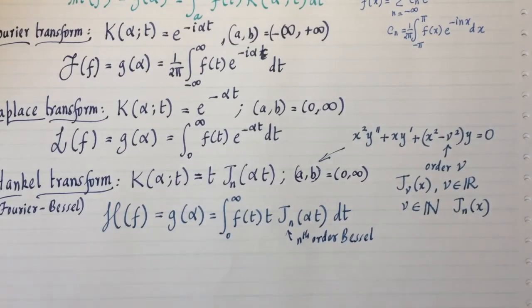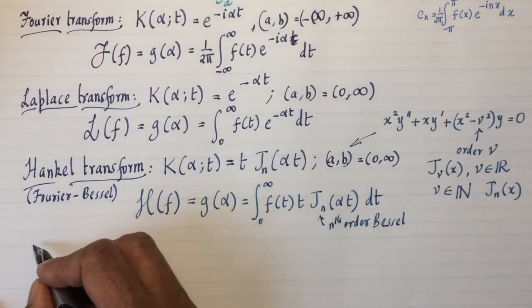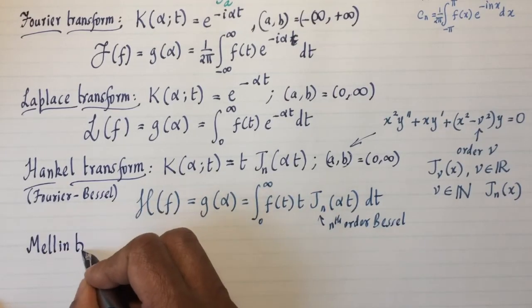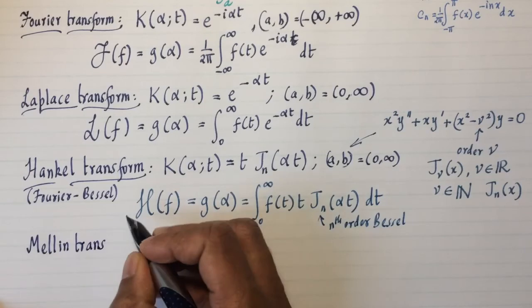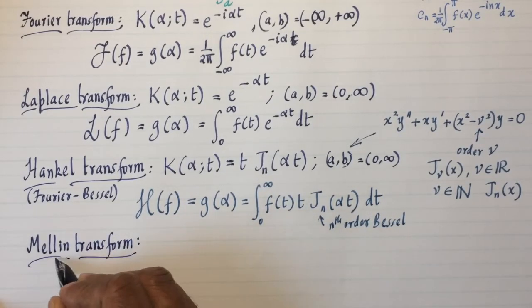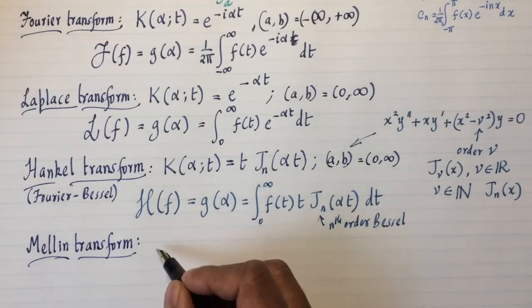And the last transform, although it's not the only transform left to discuss, is called the Mellin transform. The Mellin transform is especially interesting because it's closely related to what's called the beta and gamma functions, which we're also going to study in some detail in this course, because beta and gamma functions are extremely useful in engineering applications.